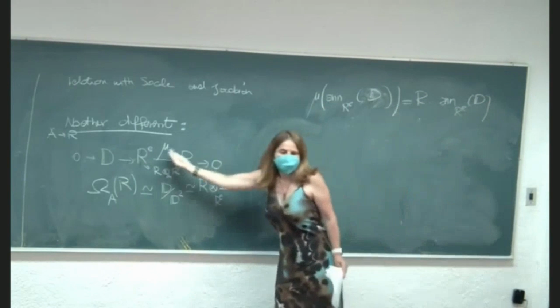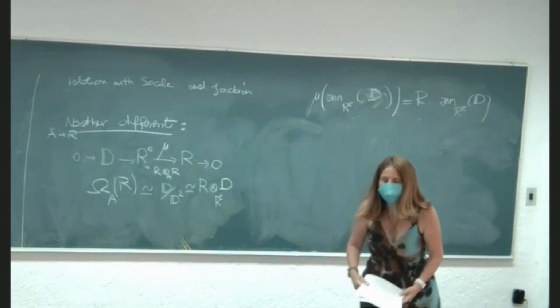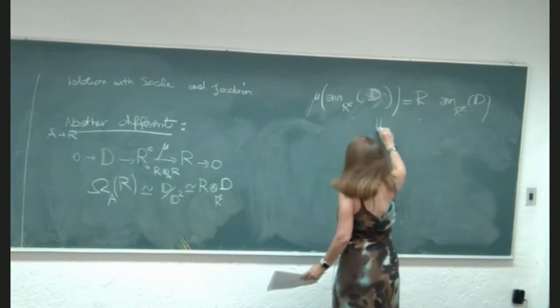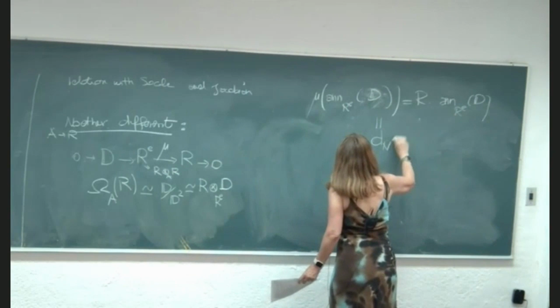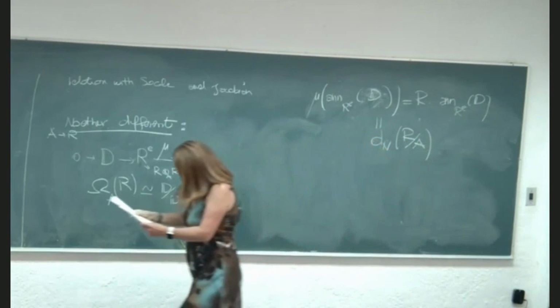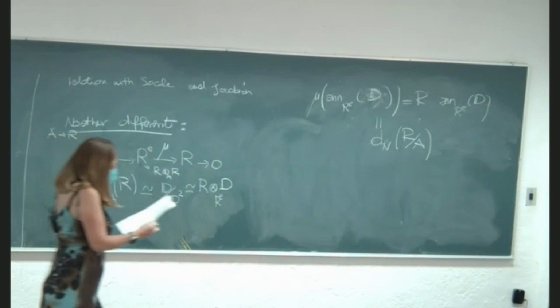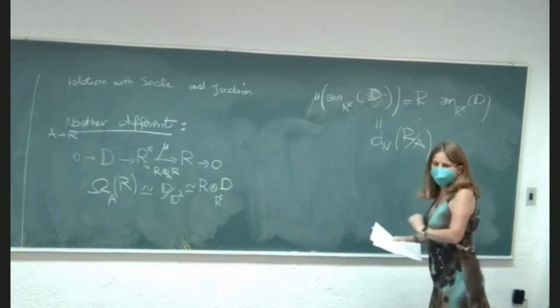It just means you push it through the map. Okay? And this is the Noether different. Okay. So it's just the image of the annihilator of the diagonal ideal.